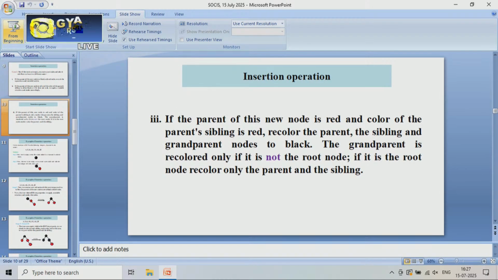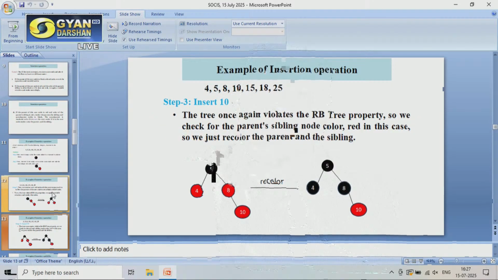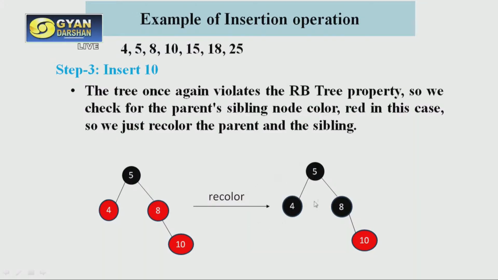And the grandparent is recolored only if it is not a root node. So applying this case, we get this tree. So now after recoloring, we got the tree which is shown to the right side, with black color nodes, as well as it also satisfies all other properties of red black tree and also BST.